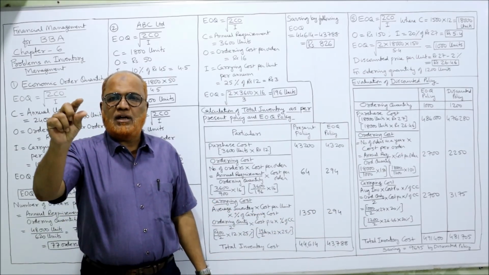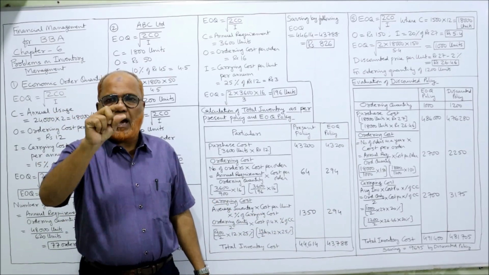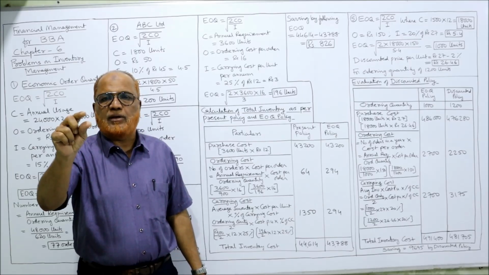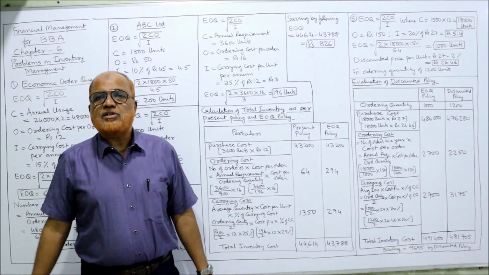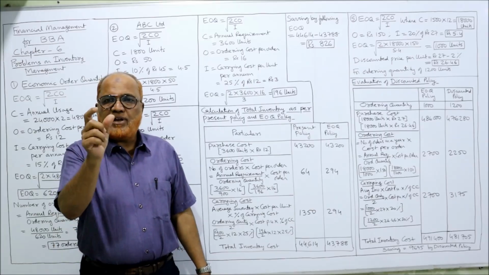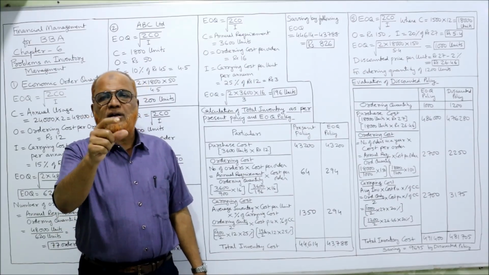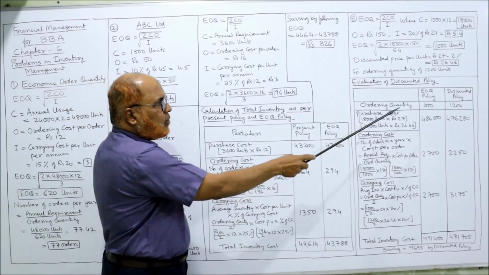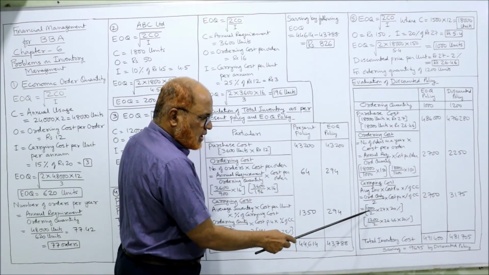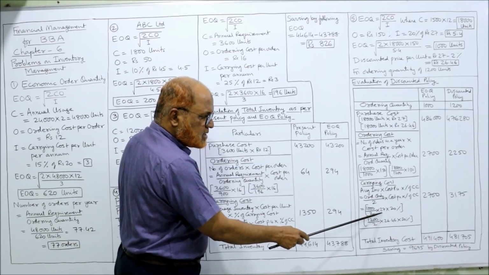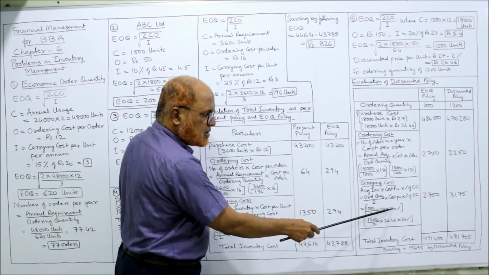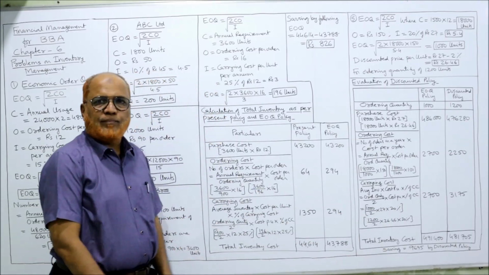Here ordering quantity is 1000, so 1000 divided by 2 into 27 rupees into 20% is 2,700.